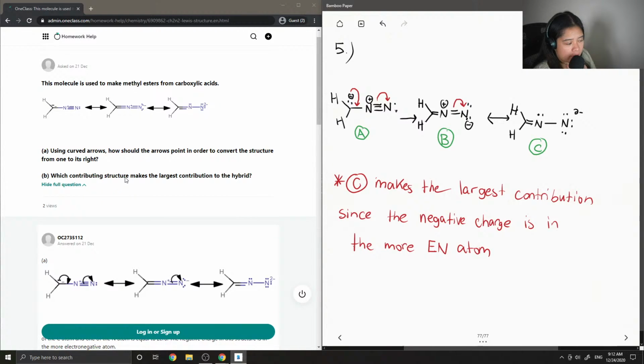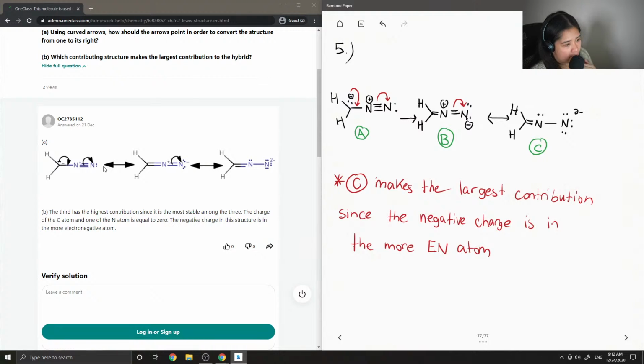Okay, so let's see what the junior tutor said. They showed the lone pair on the carbon coming down to form a double bond, the triple bond becoming a double bond to get structure B. And then in structure B, the second double bond comes in and gives the second nitrogen a -2 charge.